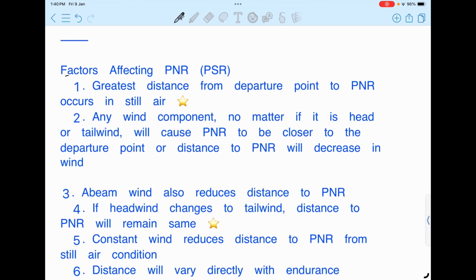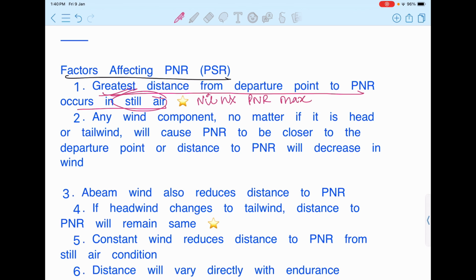Now, we have factors affecting the PNR. First point, the greatest distance from departure point to PNR occurs in still air. Still air means nil winds. So this is the point that we studied, that in nil winds, the PNR is maximum. Any wind component, no matter if it is headwind or tailwind, will cause the PNR to be closer to the departure point, or the distance to PNR will decrease.